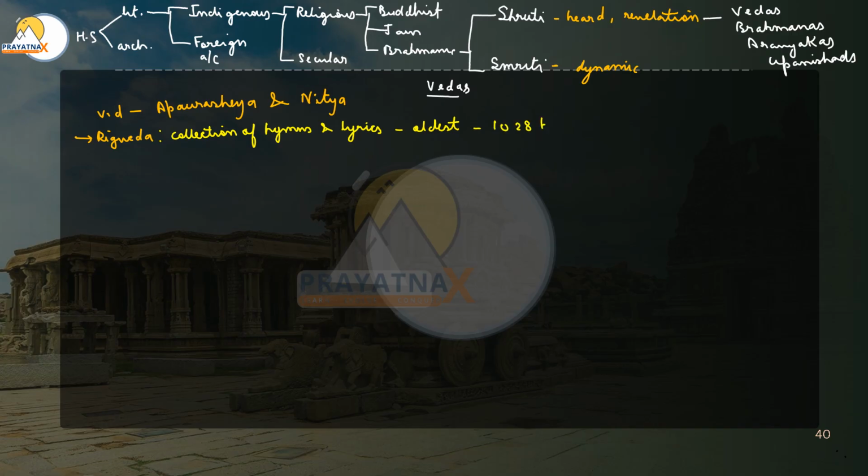It had 1028 hymns or suktas. It had 10 mandalas and about 10,580 verses. Now, these hymns and lyrics were dedicated to many Vedic gods like Agni, Indra, Varuna, Surya, Soma, but Indra was the most important.